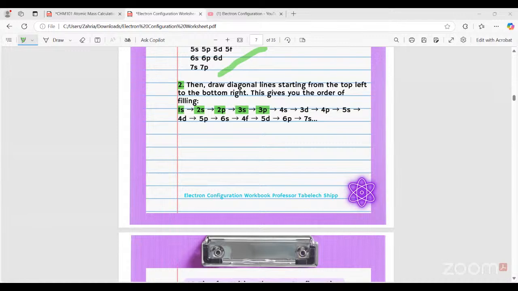So the order that I have to write this in is 1s, fill that up with the 2 electrons. 2s, fill that up with 2 electrons. 2p, fill that up with the maximum of 6. When you go in that order, everything will start to make sense.